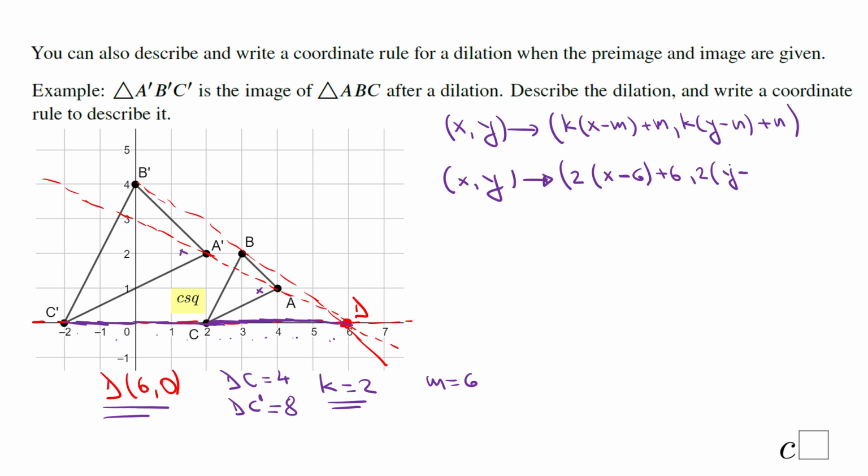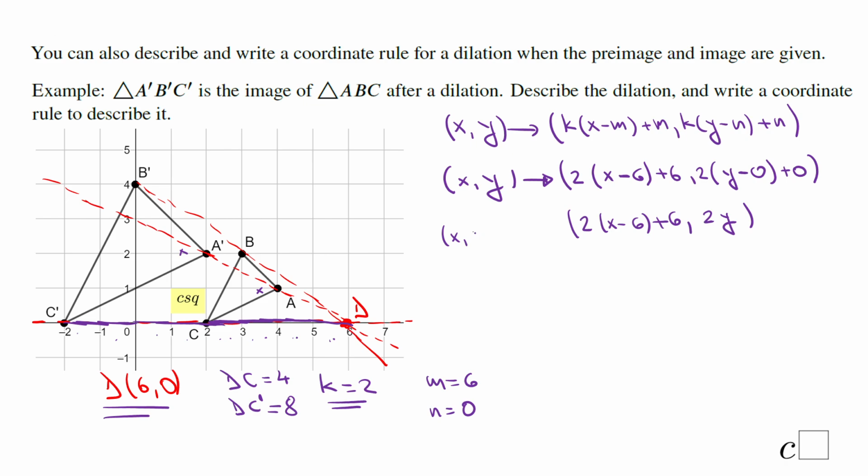Y minus N is Y minus 0, right? Because the center of dilation is 6 and 0, plus 0. You can simplify this if you want, and we get a rule like this: 2 times (X minus 6) plus 6. Of course, this one can be simplified also, but I think the next one is the one that you want to simplify. This is the rule.